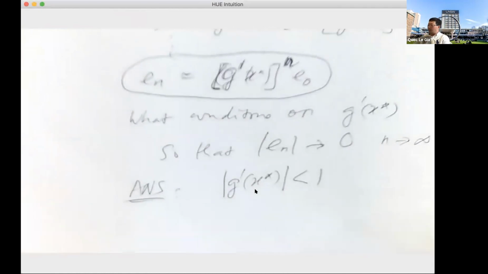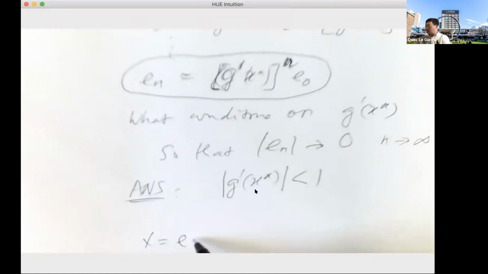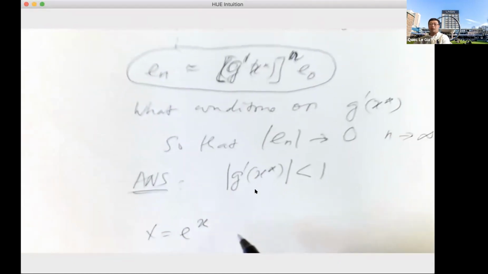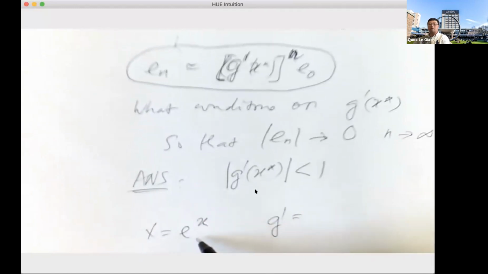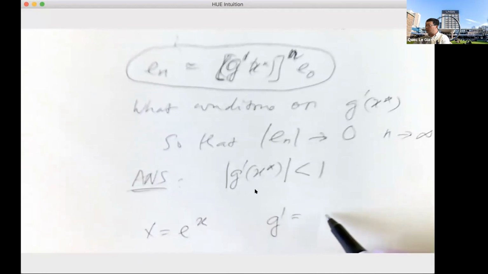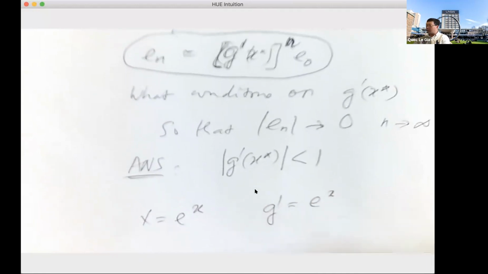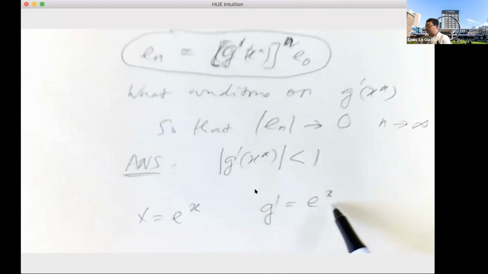And what is our previous example? If you have x equal e to the x, so what is g prime? G is just e to the x, and so g prime is e to the x again, right? And x star is around 0. Well, in this case we don't know the correct solution.